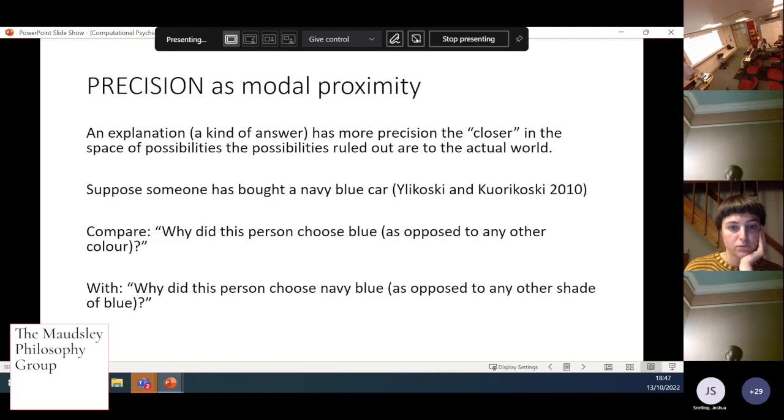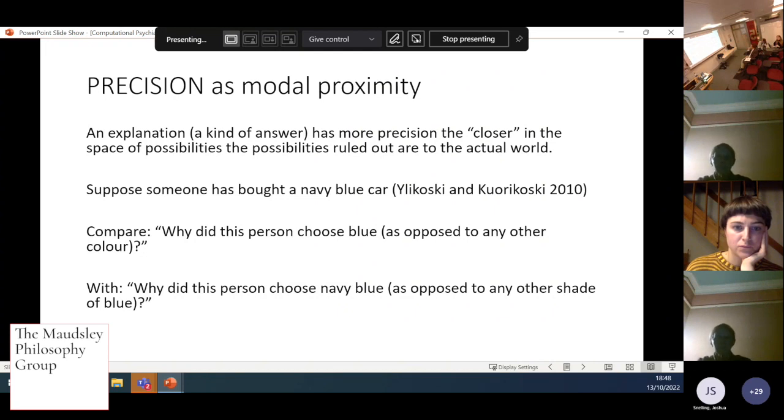So what's precision? A nice way of thinking about precision that comes from Ilkowski and Kurikowski, I clearly mispronounced that, never mind, is that precision is modal proximity. What do I mean by modal proximity? I mean closeness in the space of possible worlds, in the space of possibility. So an explanation, which on this account is a kind of answer, has more precision the closer in the space of possibilities the possibilities ruled out are to the actual world.